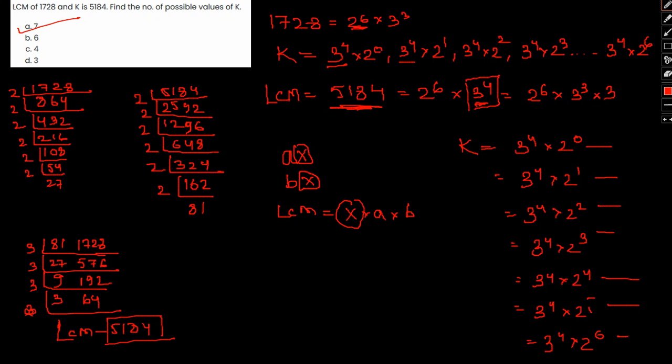That is very easy, because once we found that 3 to the power 4 is needed, we know that if we reduce this value we will not get this LCM, but we can change the power of 2. So this was the way to approach this kind of question.